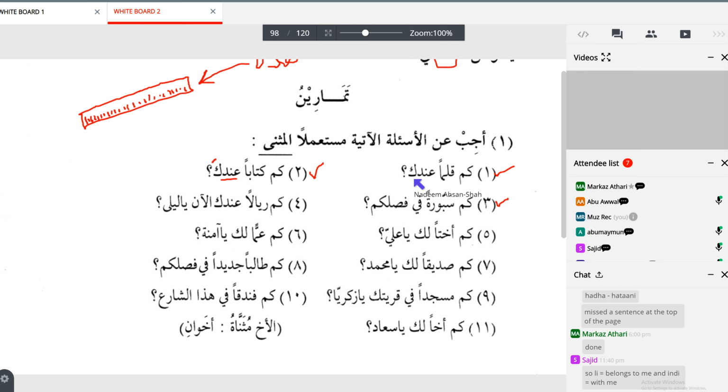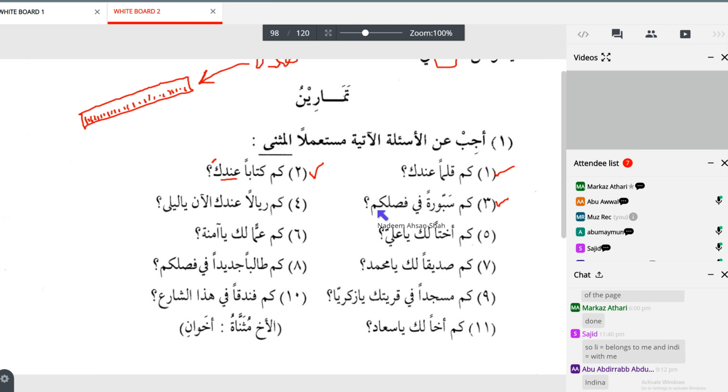Over here, "faslikum," how many whiteboards in your classroom, the opposite is... You're going to say "in our." Right?